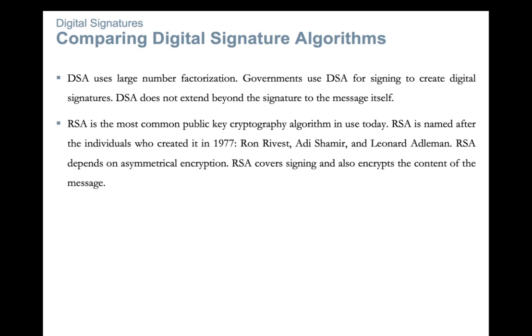DSA is faster than the RSA algorithm as signing services for a digital document. RSA is best suited for applications requiring the signing and verification of electronic documents and message encryption.